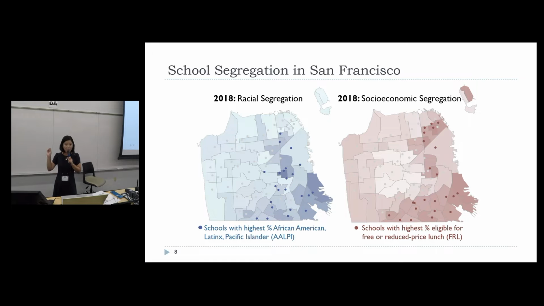And then superimposed on top of that, I have dots. You can see the blue dots the most clearly. Those blue dots are the 50% of schools which have the highest percentage of such students enrolled in the school. You can see that the blue dots basically map on top of the darkest areas of the heat map. And we see similar patterns on the right if we look at socioeconomic status as measured by eligibility for free or reduced price lunch.